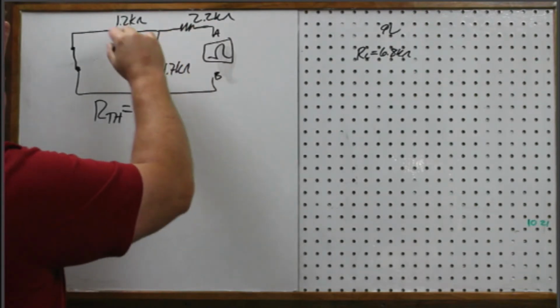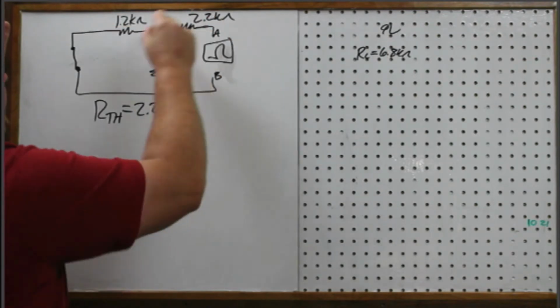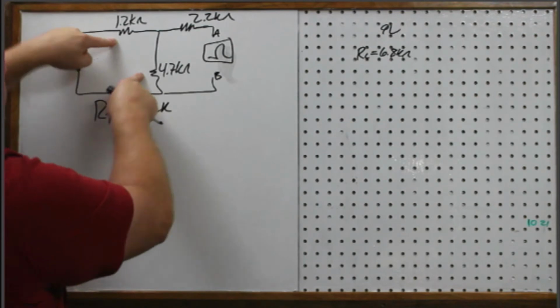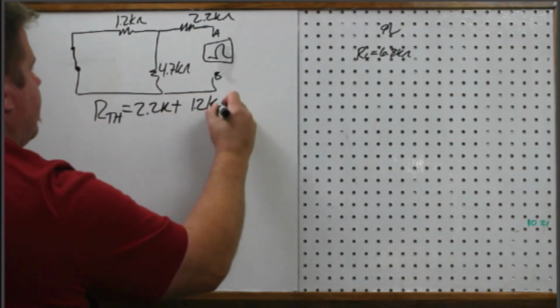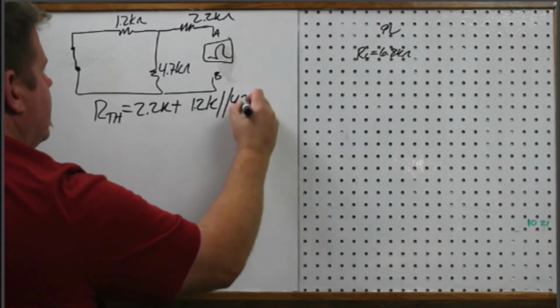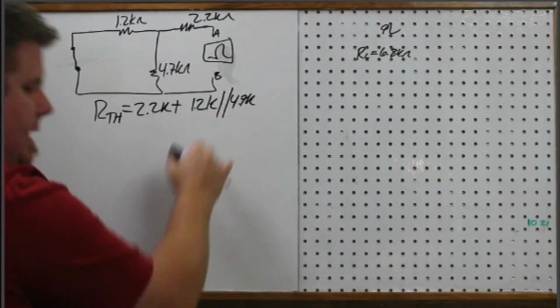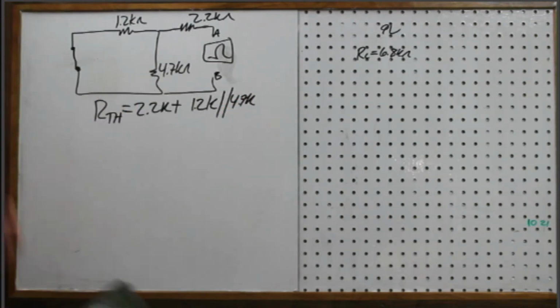and then these two are in parallel, so this will be an essentially series circuit once we do this parallel combination. So plus the parallel combination of 1.2K and 4.7K. So I need to do this calculation and write it down so I can add it to 2.2. So 1 divided by 1.2 plus 1 divided by 4.7. Take the whole thing to the negative 1.